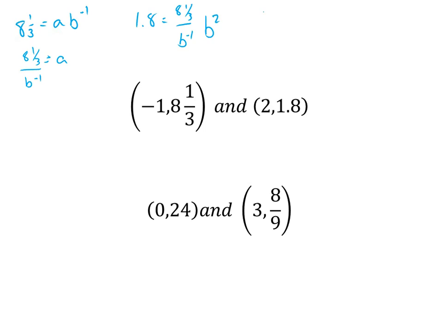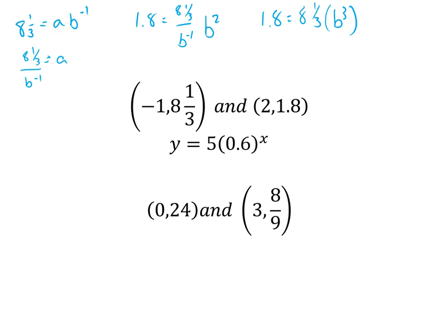That gets us 1.8 is equal to 8 1/3 times b to the third. Now we solve for b, and then we take whatever we get for b, plug it in here, and solve for a. We end up getting approximately that answer.